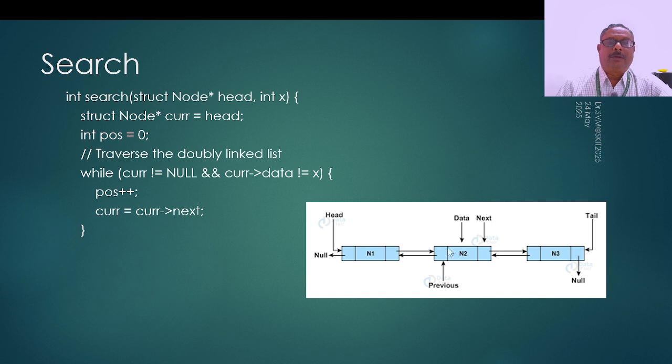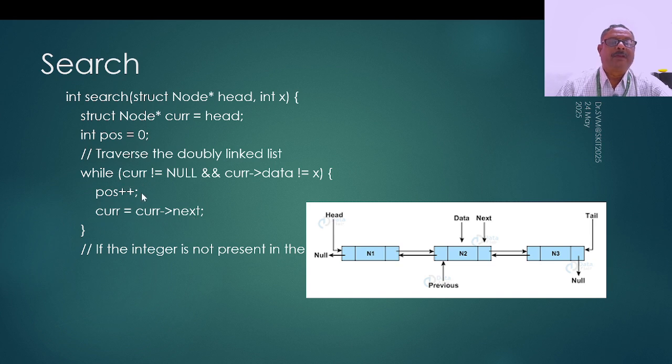So we start from the head, current is the head, and if the current is not null, that means it is not the end, and the current node does not contain the value we are looking for, then we just increment the position and move to the next node.